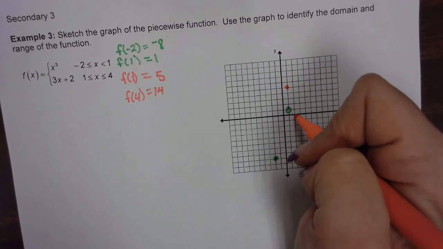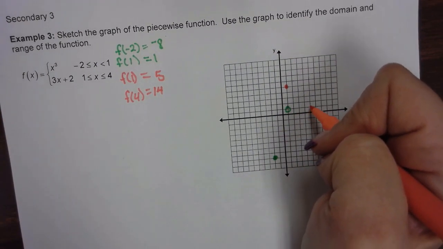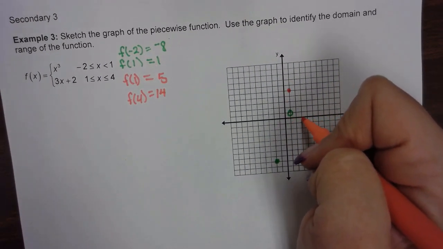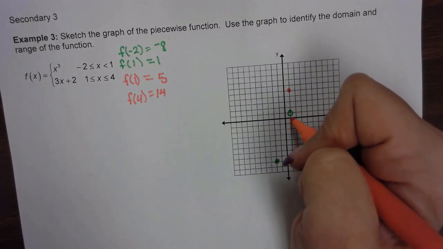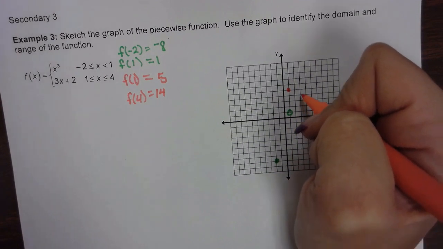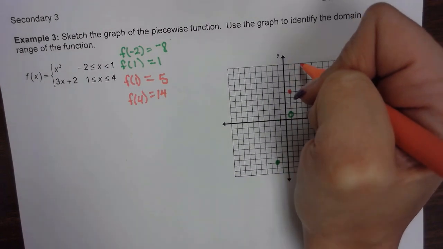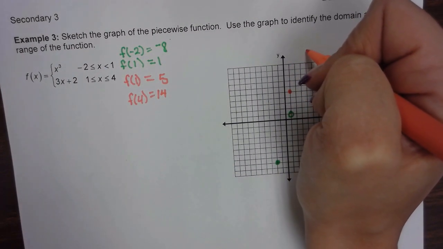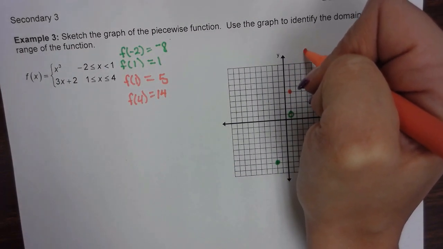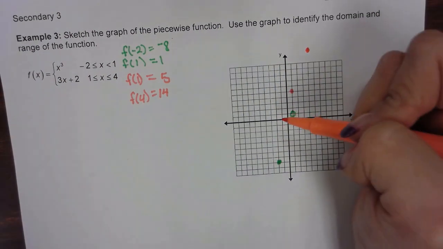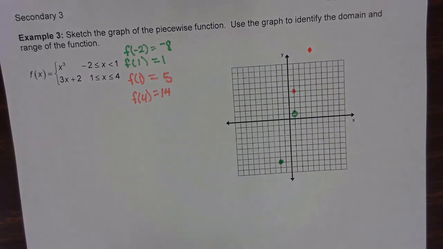And 4, 14: 1, 2, 3, 4, 14. Now I am going to have this go off the graph just because we know it's not an arrow since it stops there.